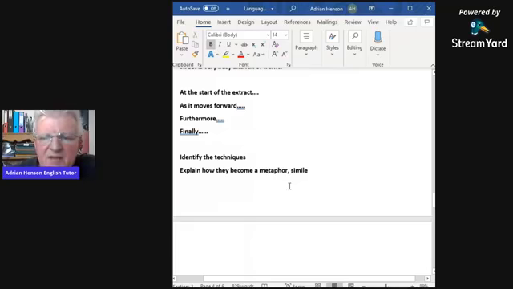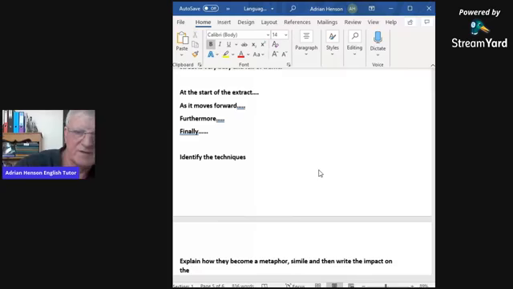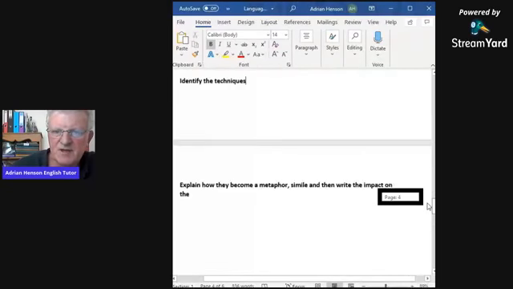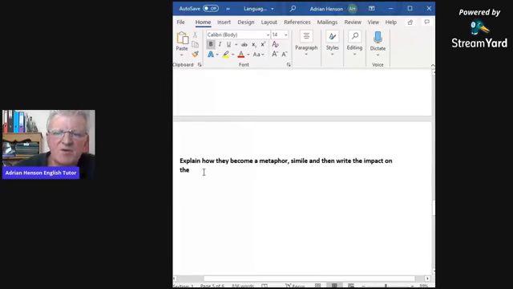Explain how they become a metaphor, simile, and then just write the impact. Right, so write the impact on the story, on the article.